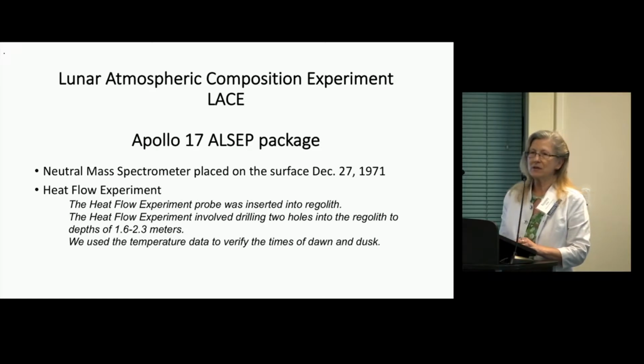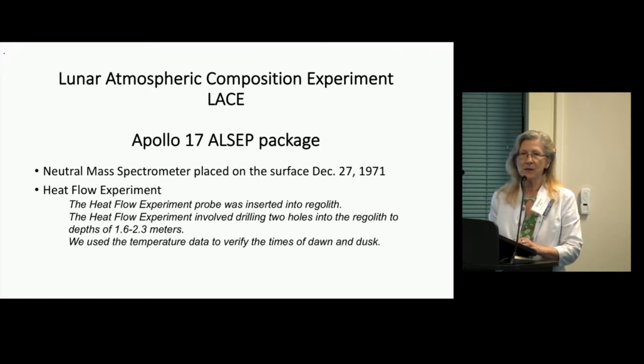So Apollo 17 left the ALSEP package, as many of you know, and associated with this, there was a neutron mass spectrometer and a heat flow measurement. In order to determine exactly when dawn and dusk were, we used the heat flow measurement, because the timing was a little bit ambiguous to begin with.